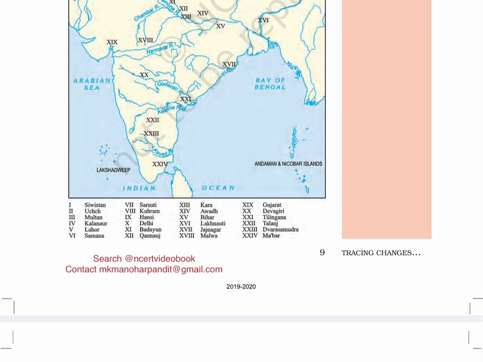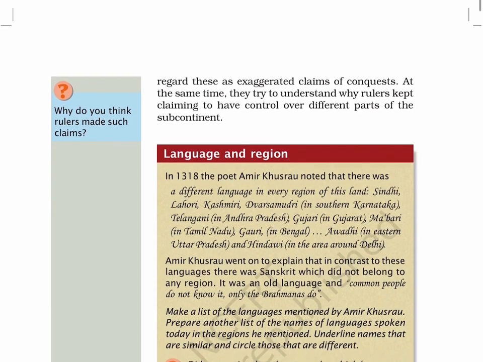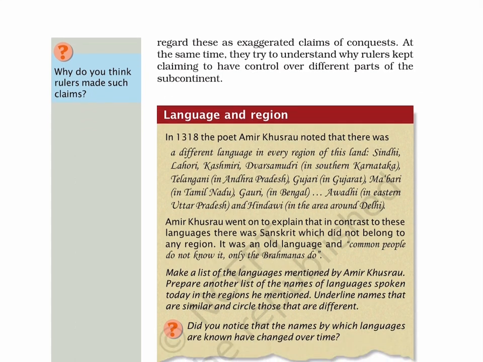Bihar, 16. Lakhnauti, 17. Jajnagar, 18. Malwa, 19. Gujarat, 20. Devagiri, 21. Telangana, 22. Talanj, 23. Dwara Samudra, 24. Malabar. Page 10. Historians regard these as exaggerated claims of conquests.